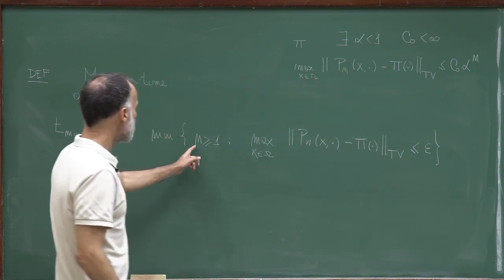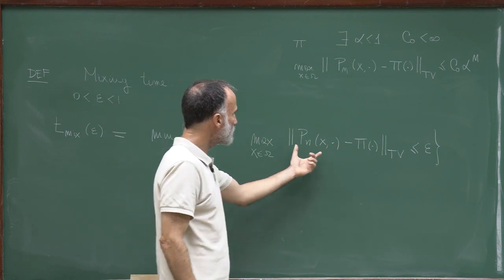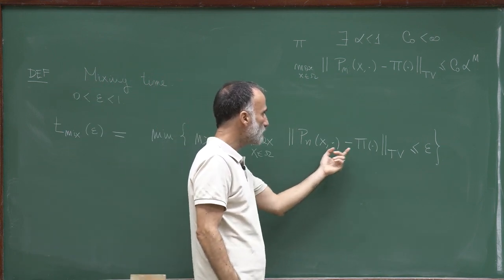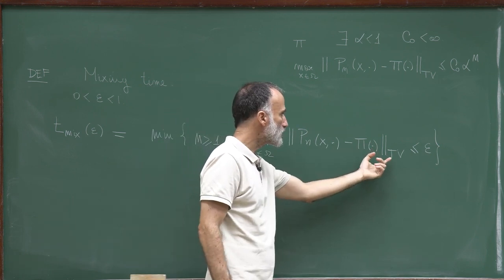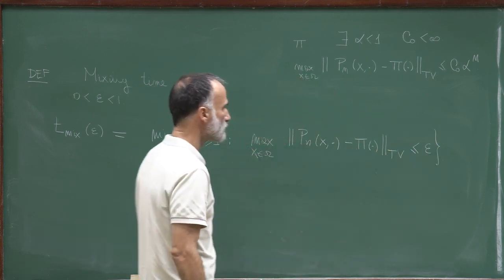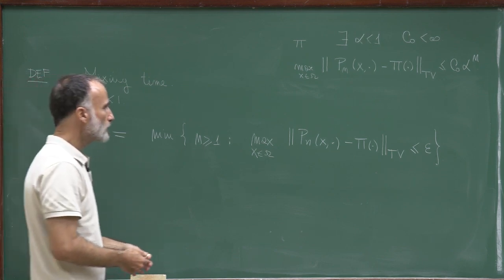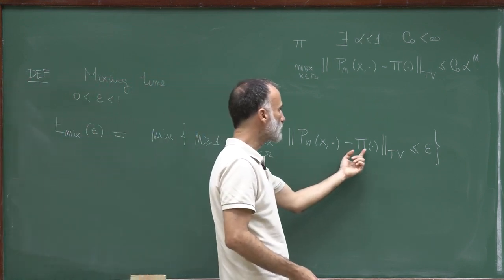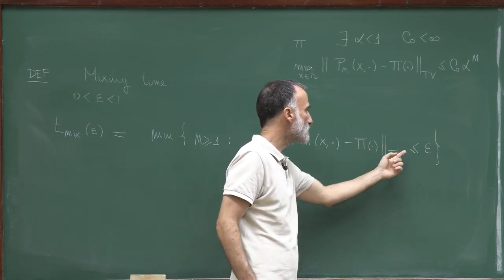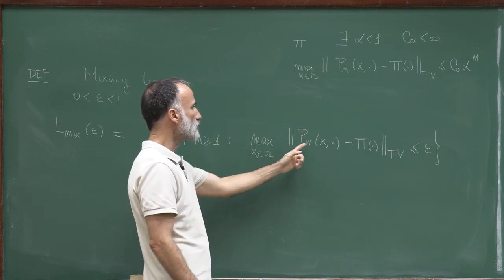So it's the first time at which, whatever the starting point, the distribution of the chain at time n is at distance in the total variation sense less than epsilon from the stationary state. So T mixing tells you how long you need to wait for the distribution to be close to pi, at distance epsilon in the total variation distance, for all initial states.